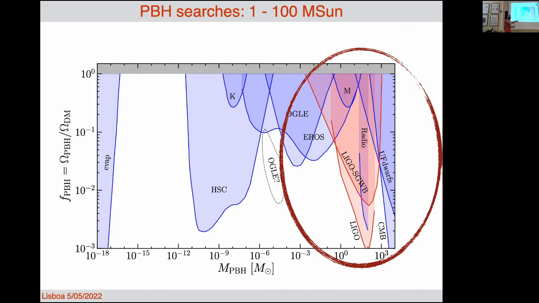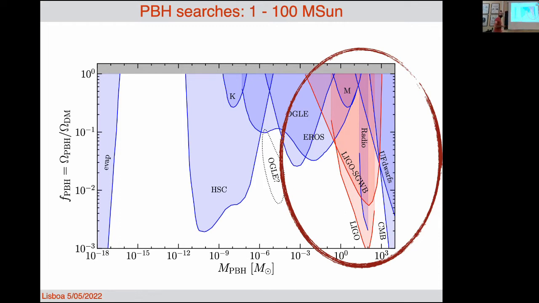They don't allow for 100% of dark matter. Yes, you're right, but I think the strongest one is still the one from the merger rate. Okay, I see your point. I don't have a strong argument against the bounds that are not shown. It's just to simplify the visualization.